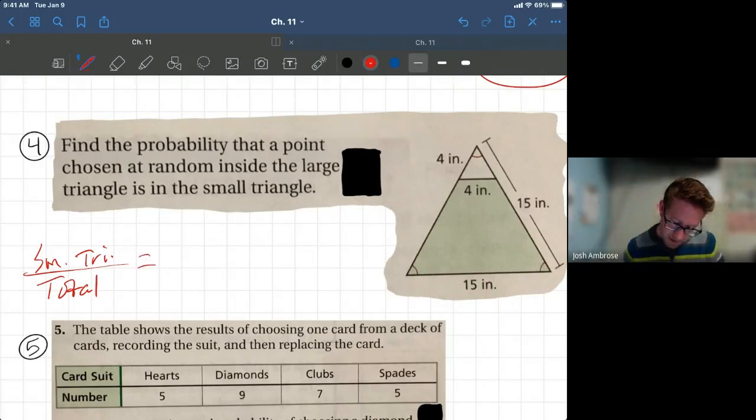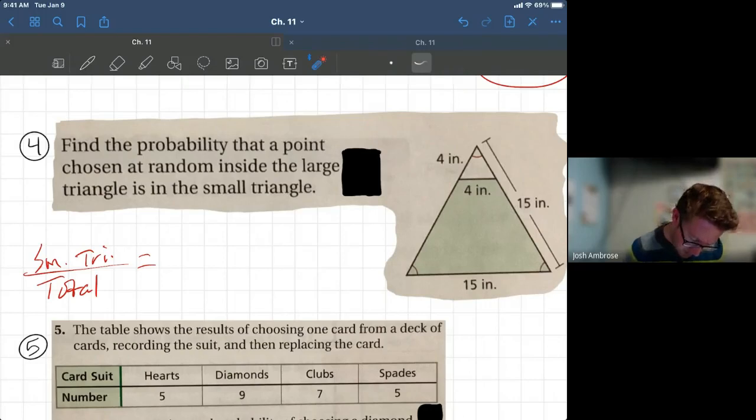So what is the area of the smaller triangle? 4 times 4. Then divide that by 2. Remember the area of a triangle, base times height divided by 2. So that's going to be 4 times 4. All right, I want to make sure I have my problem worked out here.